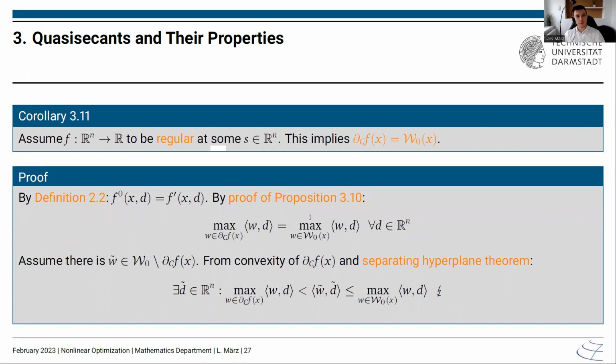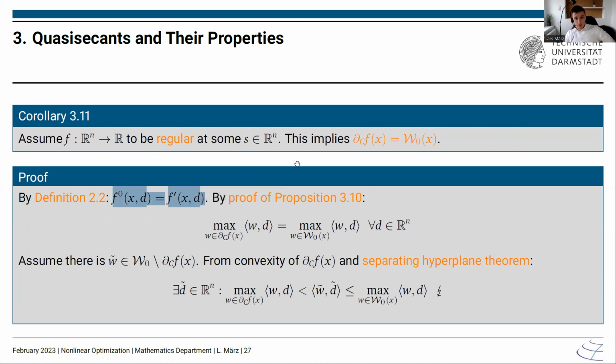So let us continue with the implication of it, which is actually relevant to us. Namely, as I just mentioned, if we assume regularity of f, then this implies that the Clark subdifferential and the set W0 actually coincide. So why is this true? Well, by definition of regularity, we have the equality between the generalized directional derivative and the usual directional derivative.